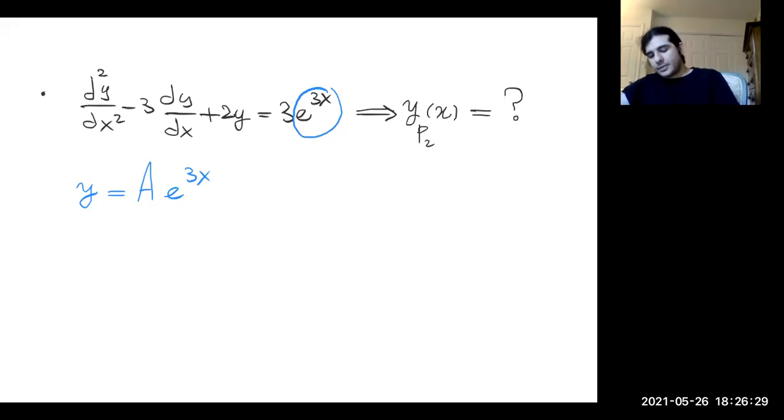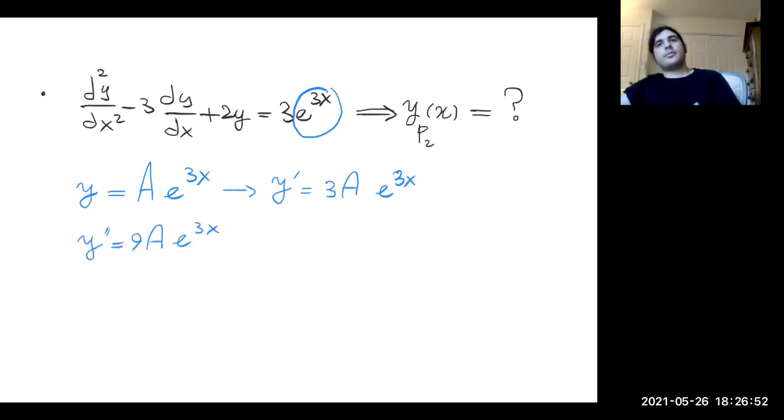Because when you have something like this, its derivatives also have the same form. When y is some constant a times e to the 3x, the derivative of y also has the form of a constant times e to the 3x. The second derivative also has this form, a constant times e to the 3x.